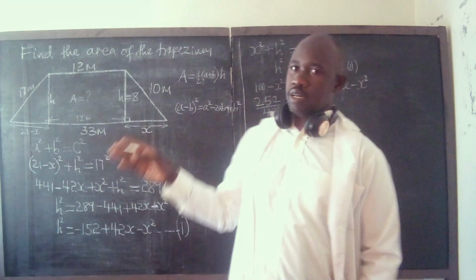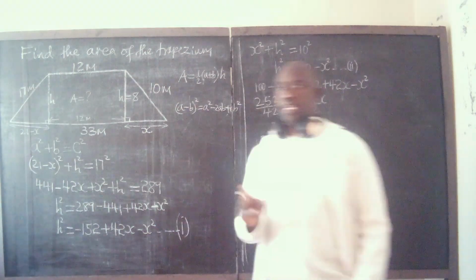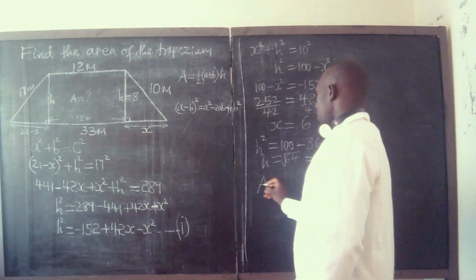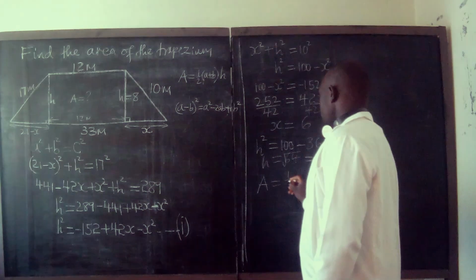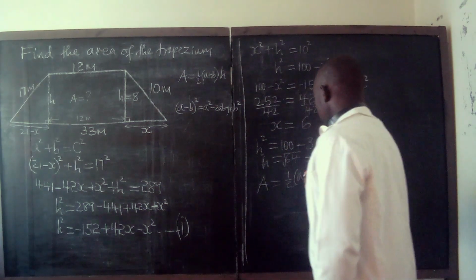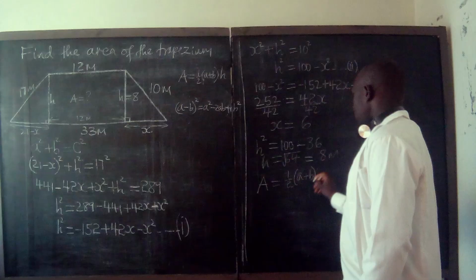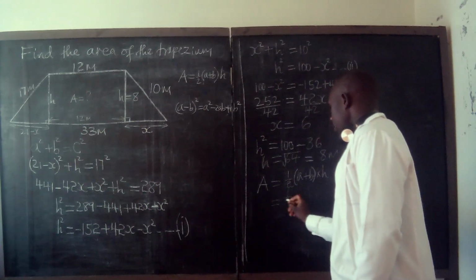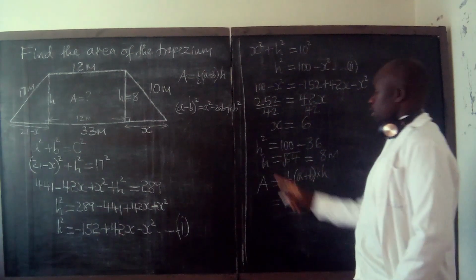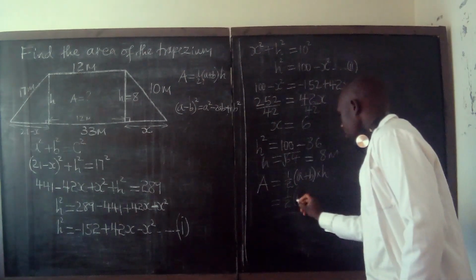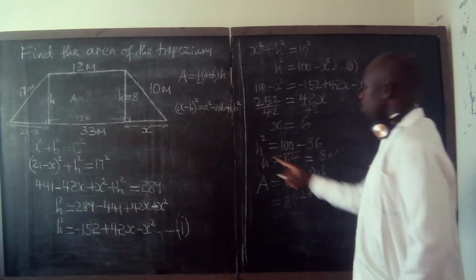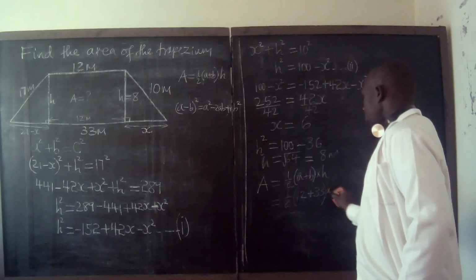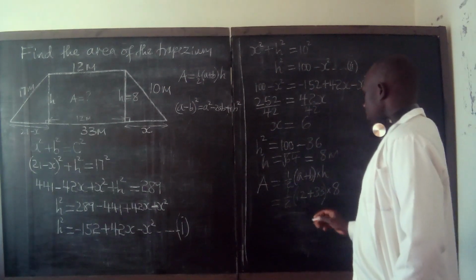Now we can use our formula and find the area of the trapezium. Area is half of a plus b multiplied by the height. So we have a half, a is 12 plus b is 33, those are the parallel sides, multiplied by h, which is 8.